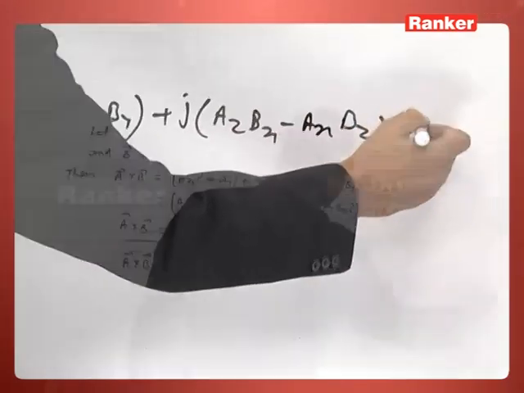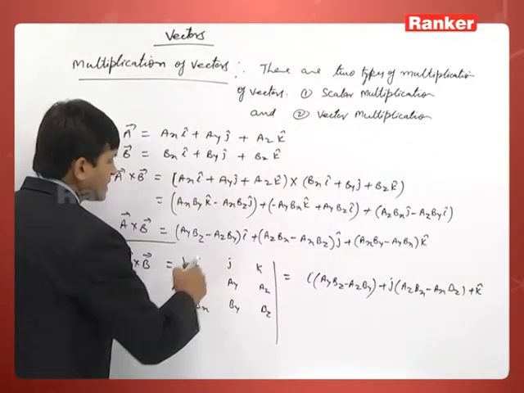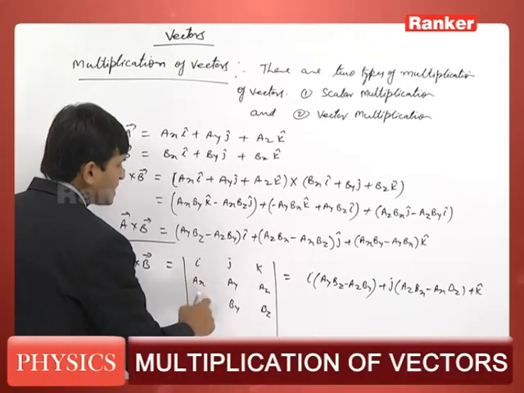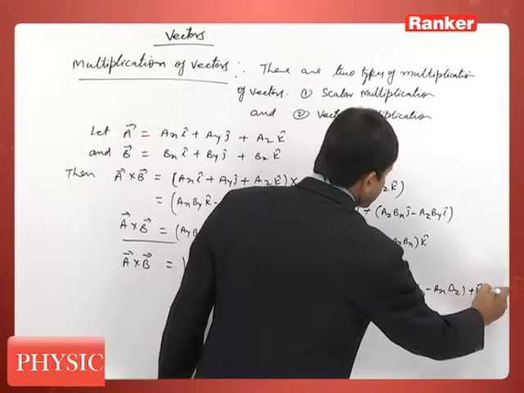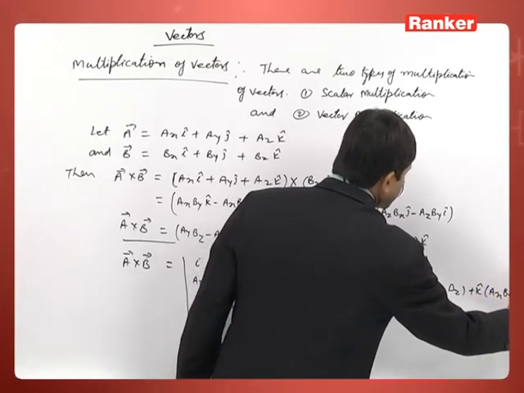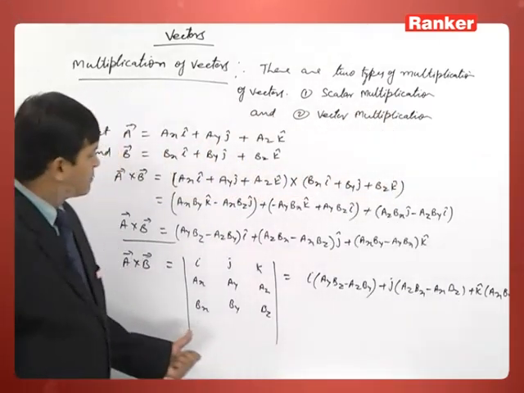Then come to k. When we look at k, leave this and this, then what is left? ax by minus ay bx.